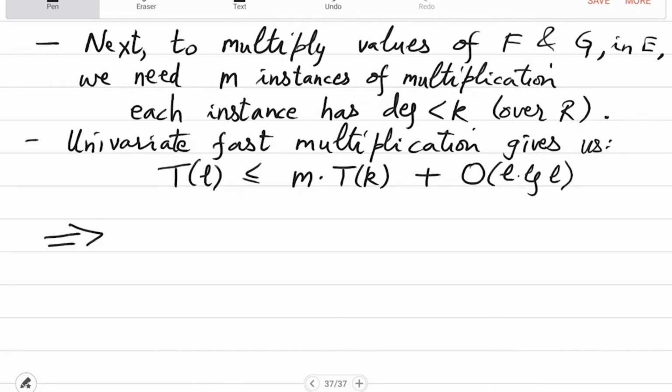So the result you wanted is L log L. Will that be a solution of this? Like m times k is L, right? M times k is L, yes. In fact, you can think of both of them as square root L for simplicity. Yes. Like if you just substitute with L log L, okay, but there's a constant.